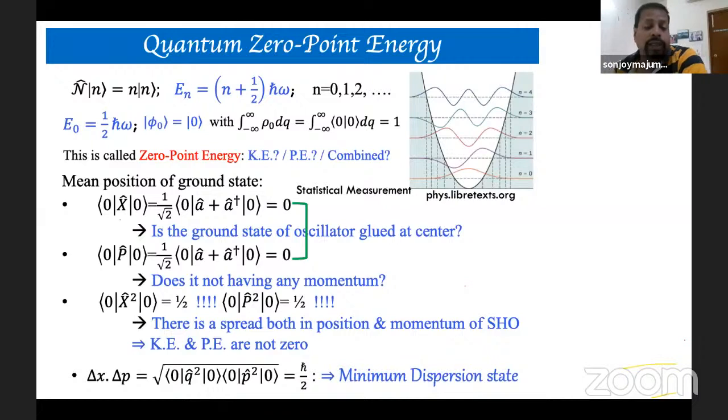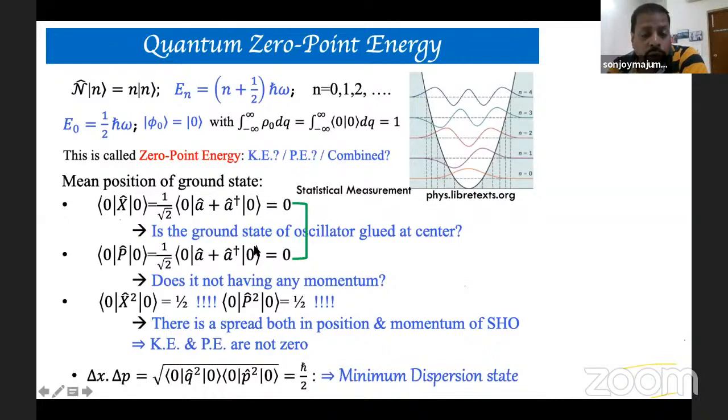In this case, when you use the ground state of the harmonic oscillator, the spread of the measurement will be of the order of square root of h cross omega.